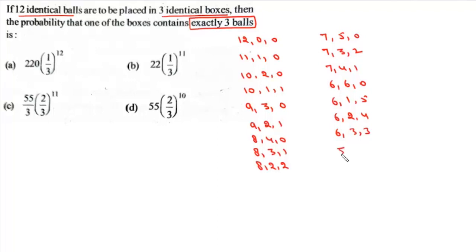Now with 5, it will be 5 5 2, there will be 5 4 3, and finally it will be this 4, 4, and 4.